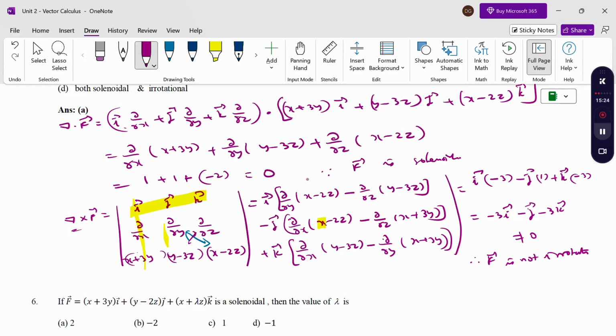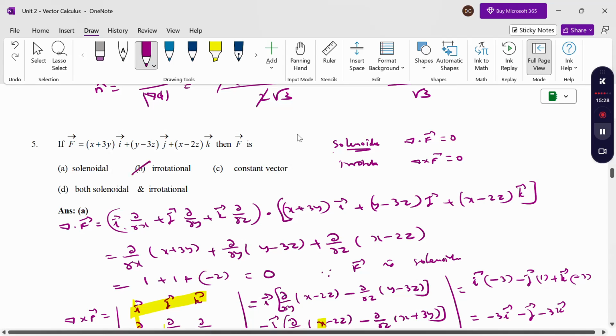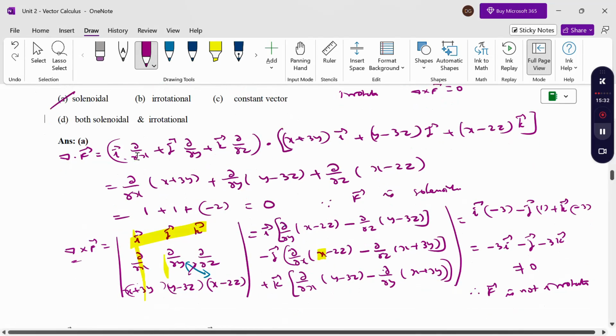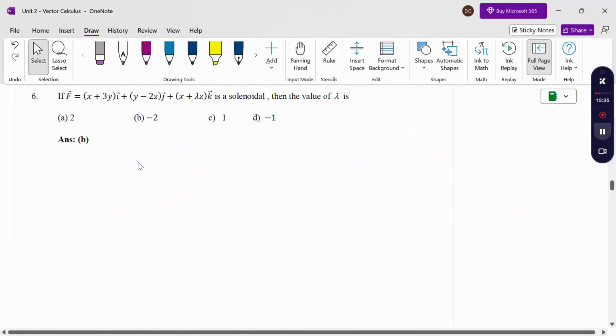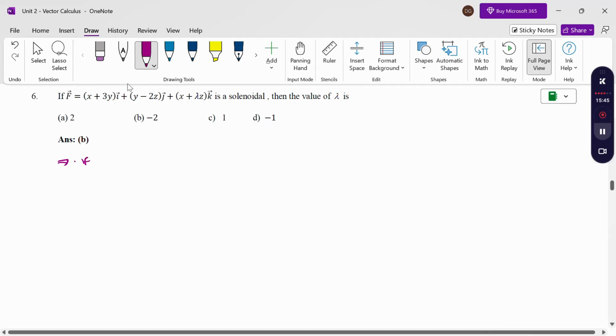Therefore the option is the first option, this problem is solenoidal. And now in this problem, f vector is given, it says solenoidal, then find the value of lambda. So if f vector is solenoidal, del dot f vector equals 0.